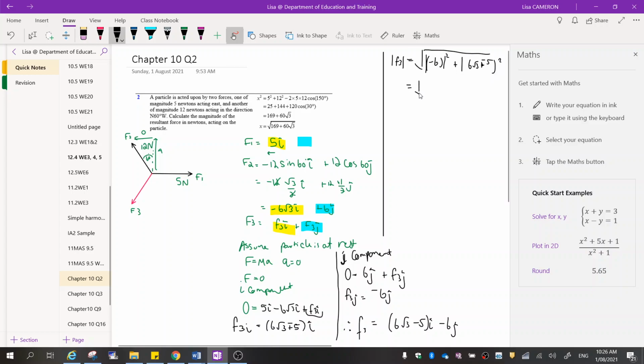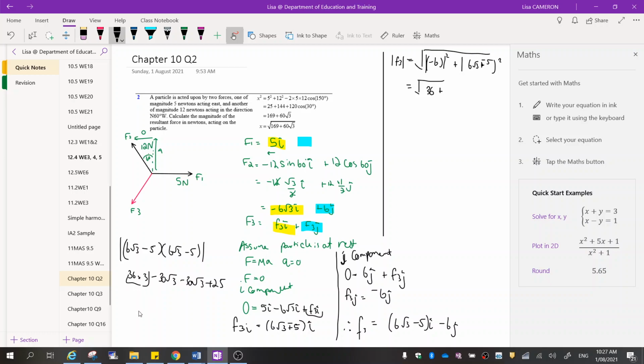Okay, so we know 6 squared is going to be 36, plus. Now this part over here I'm just going to do as a little separate calculation. So 6 root 3 minus 5 times 6 root 3 minus 5, and I'm taking the absolute of that. So that's going to become 6 times 6 is 36, root 3 times root 3 will be times 3. Then I've got minus 30 root 3 minus 30 root 3 plus 25.